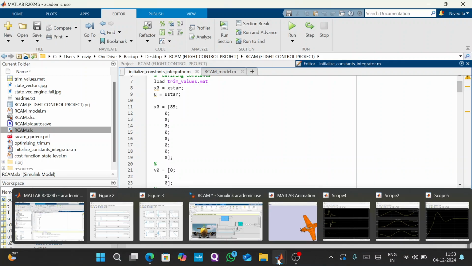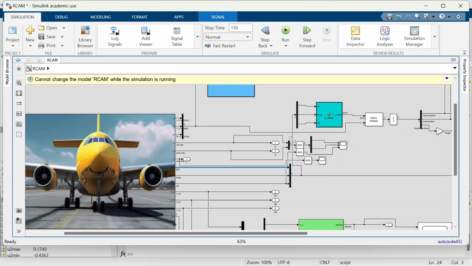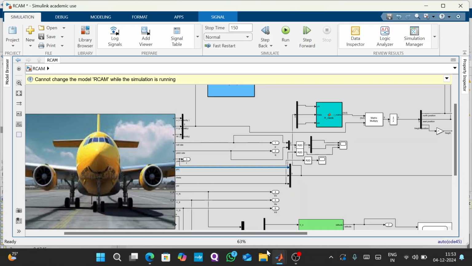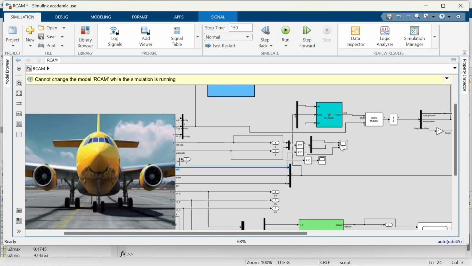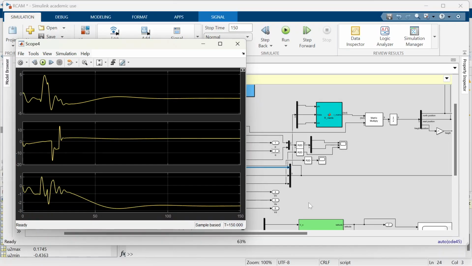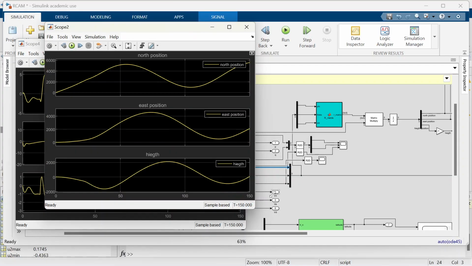And then to see the roll rate, pitch rate, and yaw rate, after we run the Simulink, we have attached another scope. So this is how it comes, and the maximum height it's traveling at is 2000 feet, and it's varying, and I've given a scope for that.